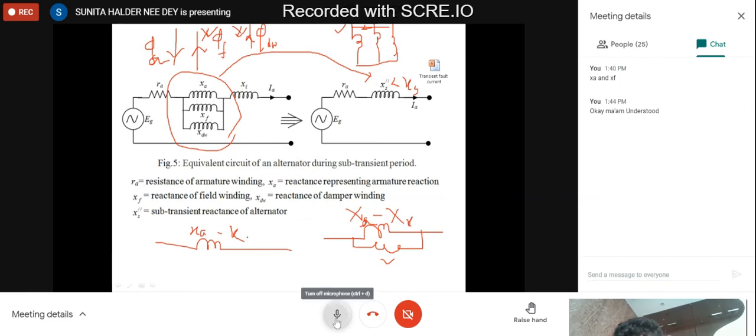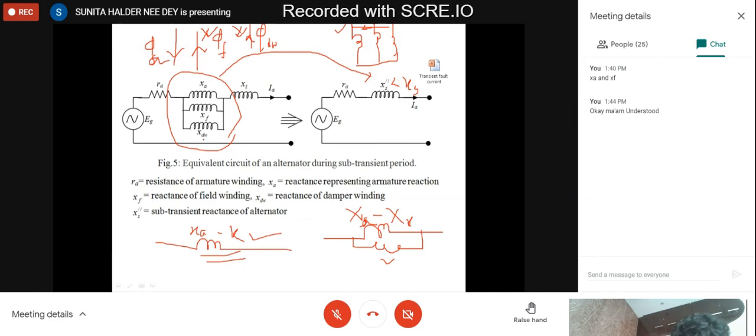So why am I not representing it in this way? In all the books you will see this type of representation. What is the justification in that? Because in this way you cannot represent for which reason it has been decreased, right? But here, by showing these reactances with suffix F, I am representing that there is a reduction due to the field winding.